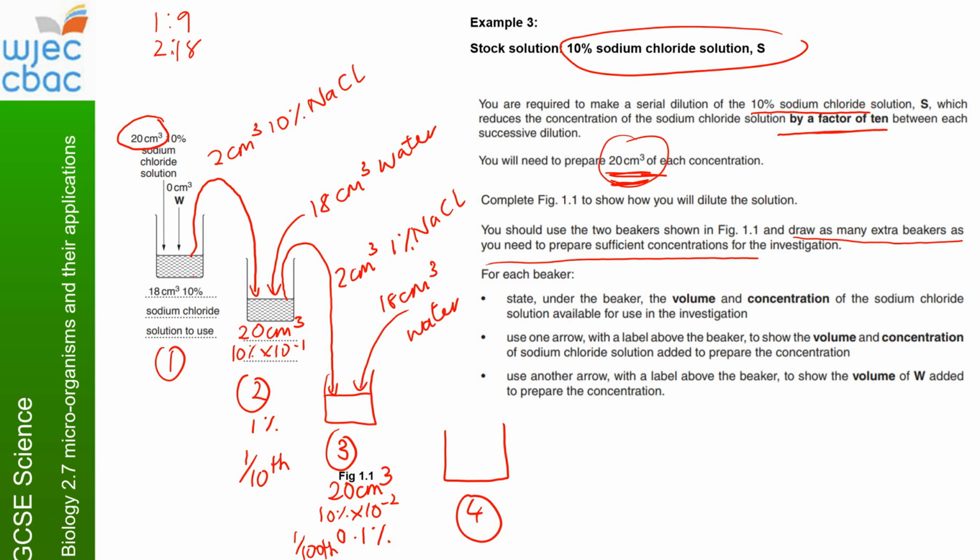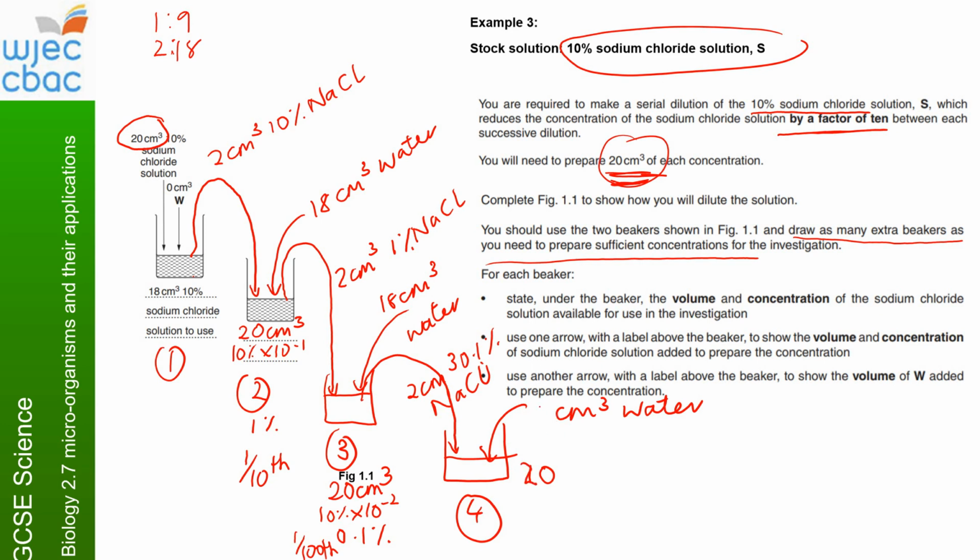In our final beaker, we're going to take out 2 cubic centimetres of 0.1% NaCl. We're going to add in our 9 cubic centimetres of water, giving us a total volume of, what am I doing? Not 9, apologies.